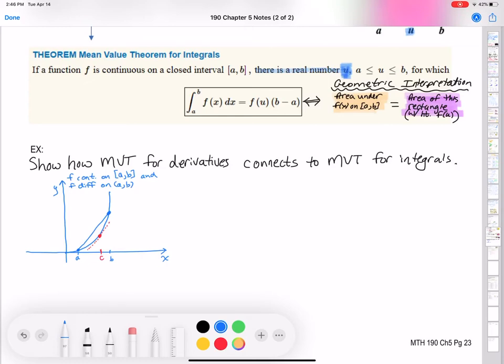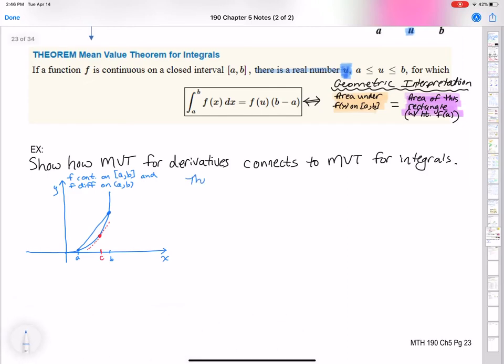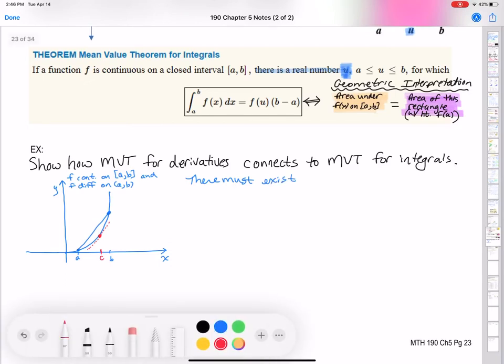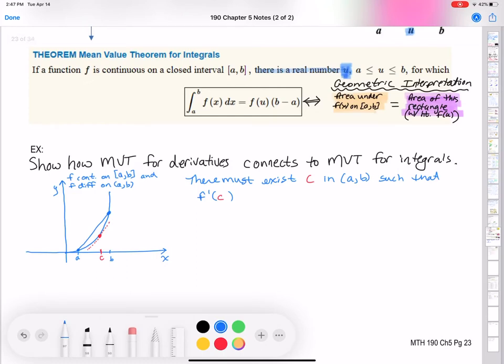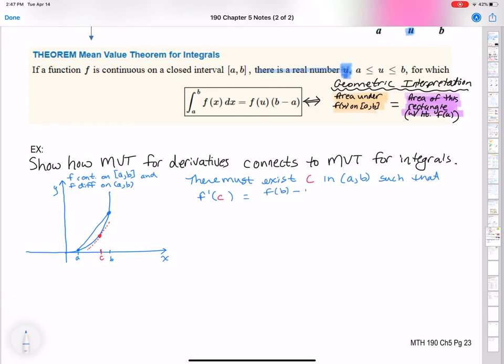So the mean value theorem for derivatives said, if these conditions were met, there must exist this value of c that is in this interval from a to b, such that f prime of c would equal f of b minus f of a all over b minus a. Again, it's all about this existence of c. Okay, there's the mean value theorem for derivatives.